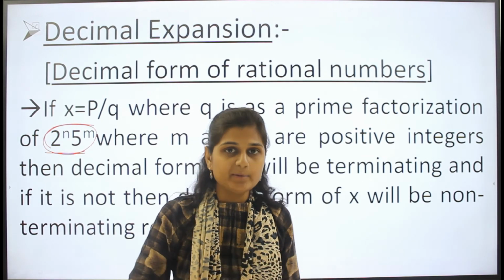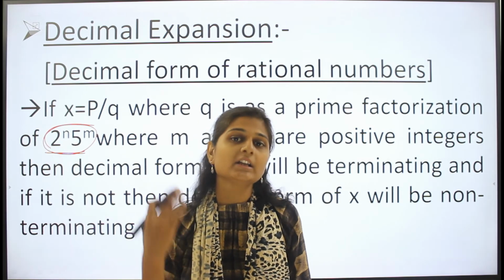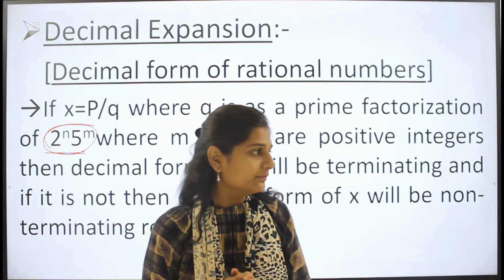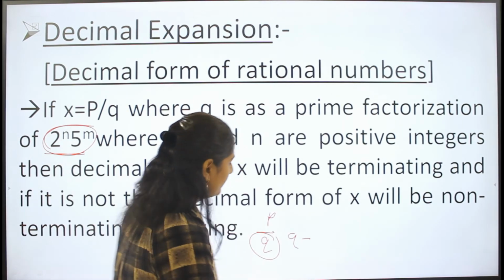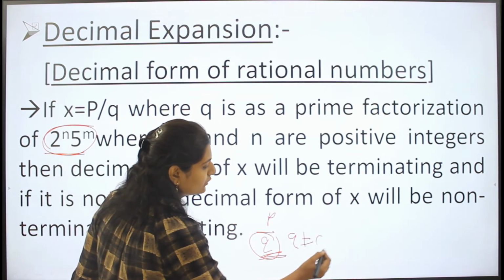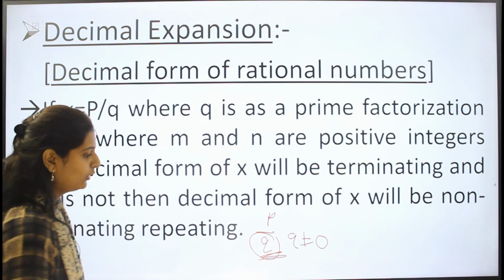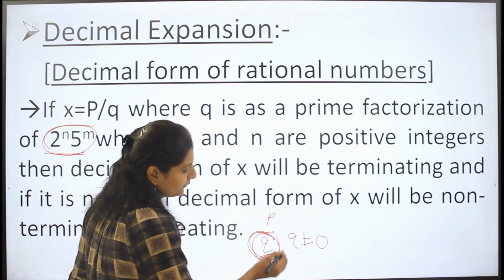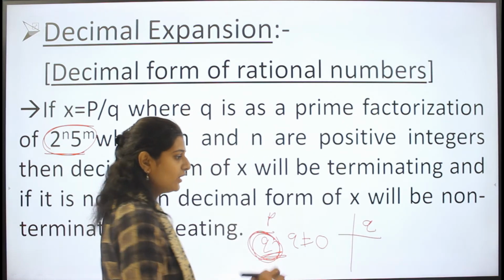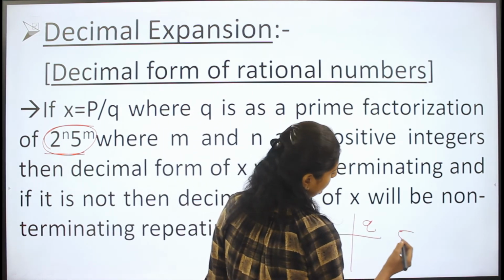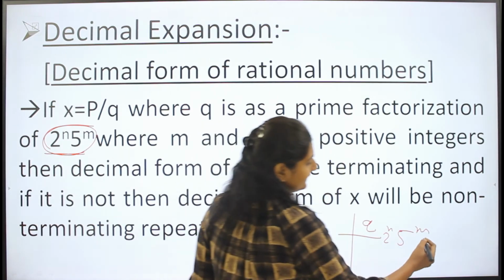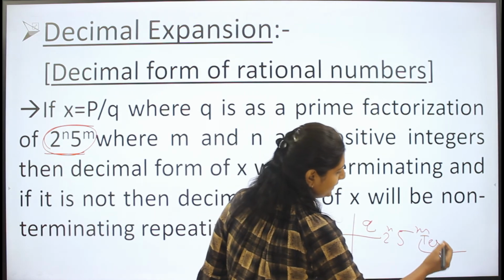Now what terminating and non-terminating mean, you can find in detail in the introduction video. Okay, now if you have any value in p by q form where q is not equal to 0, what you have to do is find the factors of q, and if you are getting factors of q in the form of 2 raised to n, 5 raised to m, then that value will be terminating.